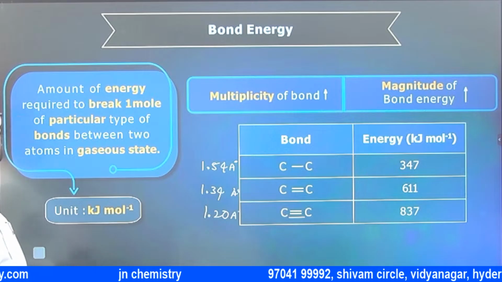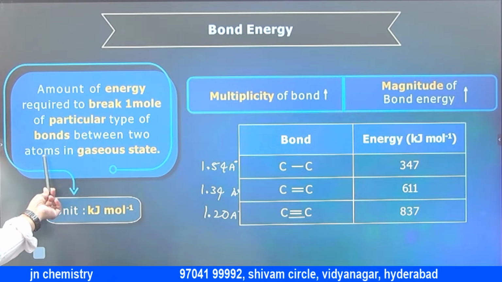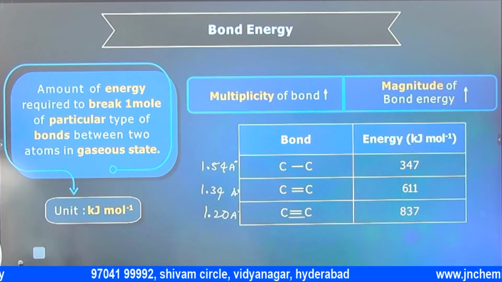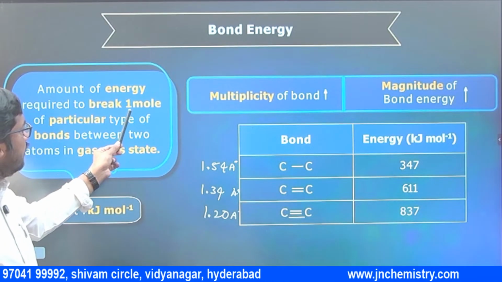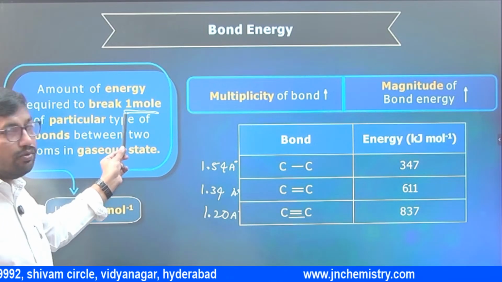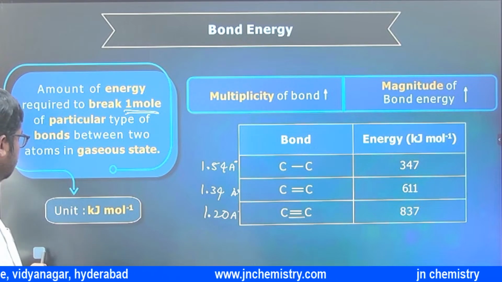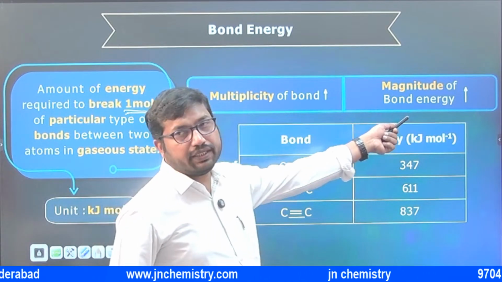The amount of energy required to break 1 mole of a particular type of bond between two atoms in the gaseous state, in kilojoules per mole, we could say that is bond energy. So bond energy for any molecule we take is for 1 mole only. As multiplicity of bond increases, the magnitude of bond energy also increases.